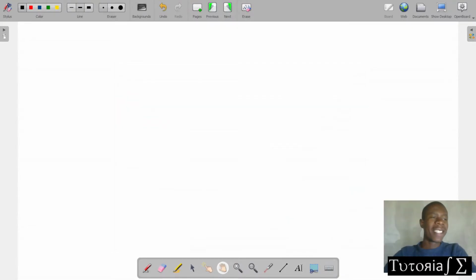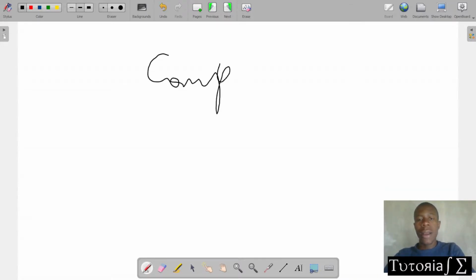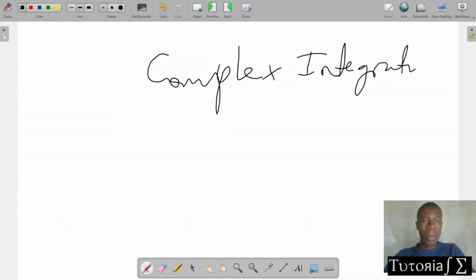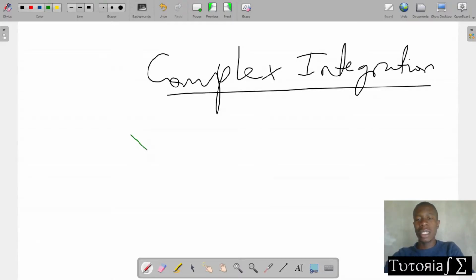Let's do it. All right, so in this lesson we look at complex integration. The following series in this lesson will focus on 2 categories of complex integration. The first one that we'll do is line integration.